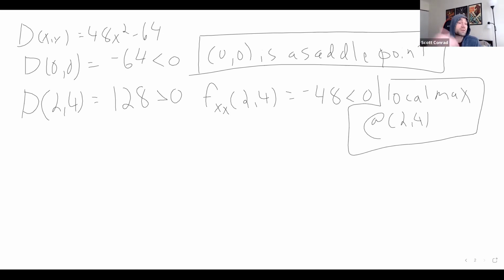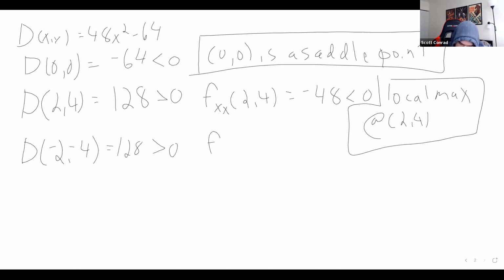So we did the discriminant, we saw it was positive. Then we check f_xx, and we see it's negative, so it's a local max. Then we do the same for negative 2, negative 4. And it works verbatim what we did just above. We get 128 when we plug it in, which is positive.